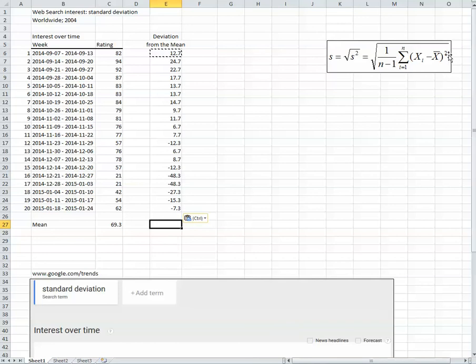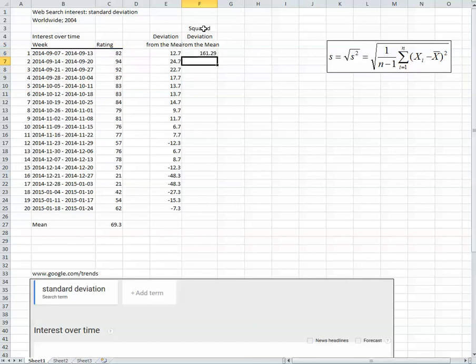Now we need to square those deviations. So let's call these squared deviation from the mean. Again, just so that you can see exactly what I'm doing here, rather than just square column E, I'm going to take the values there, subtract off 69.3. Remember, that was the average. And let's square that.